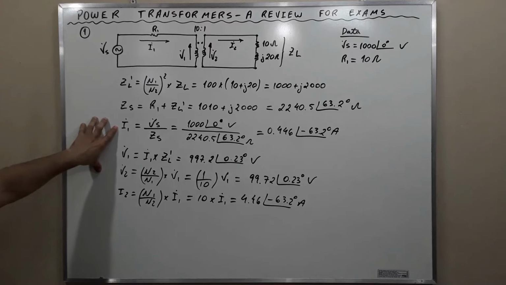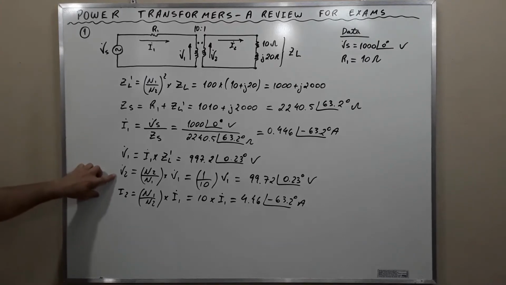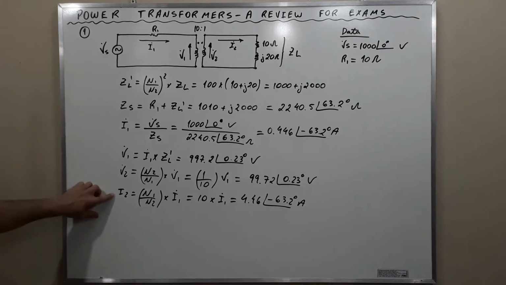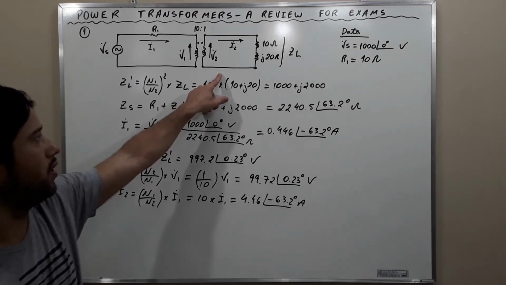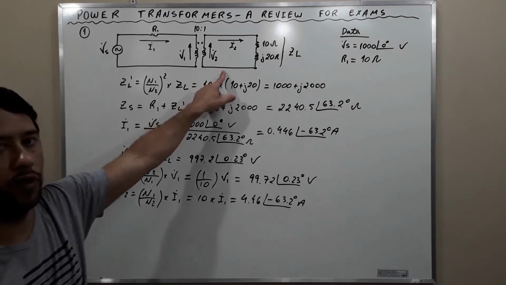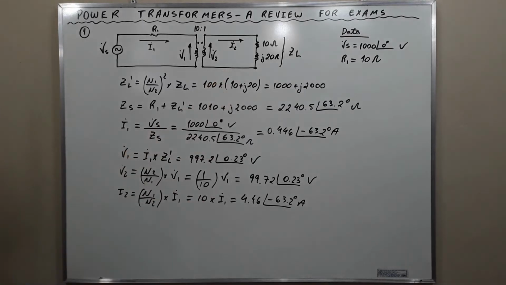We have calculated I1, V1. V2 is a tenth of V1, and I2 is 10 times I1. Okay? This is a step-down transformer, which means that the secondary voltage has to be less than the primary voltage.